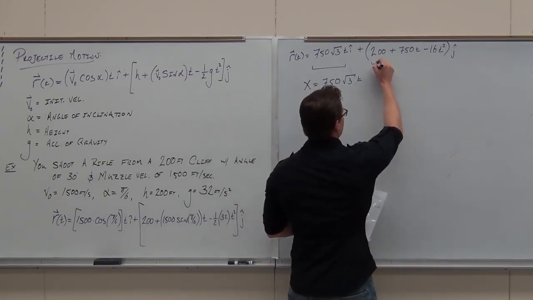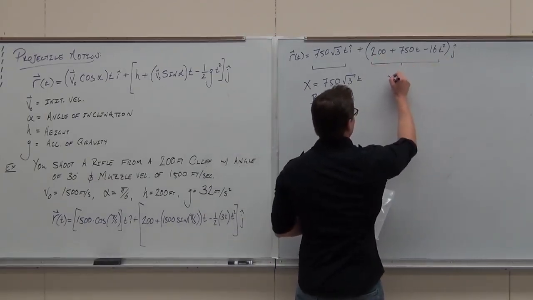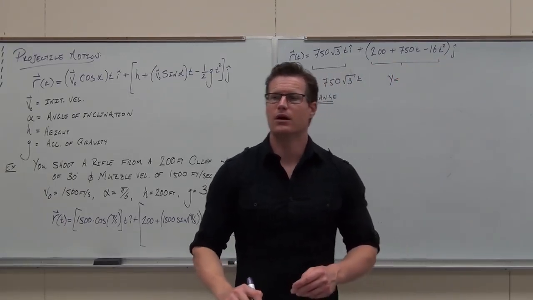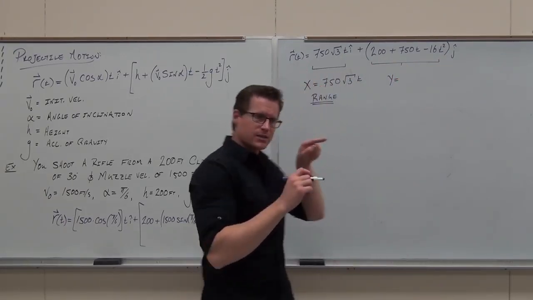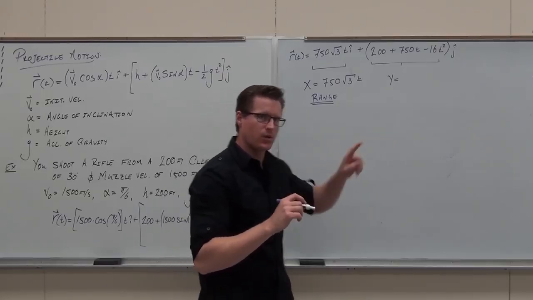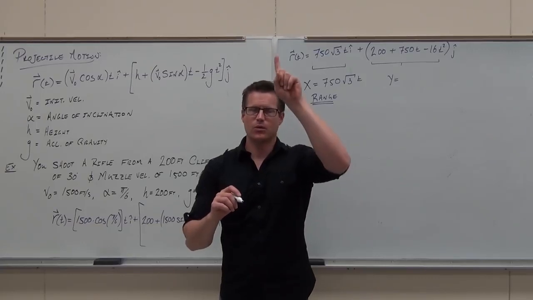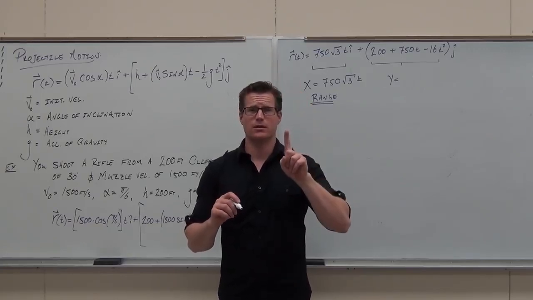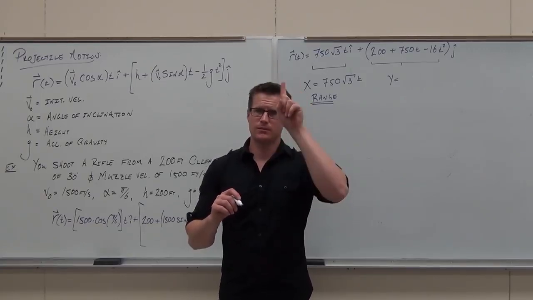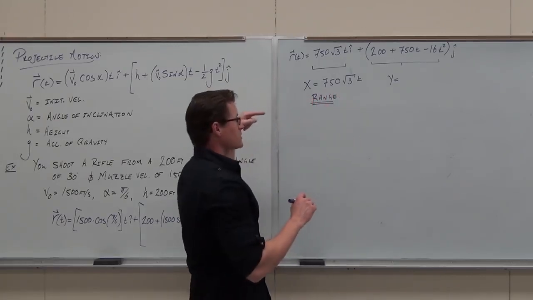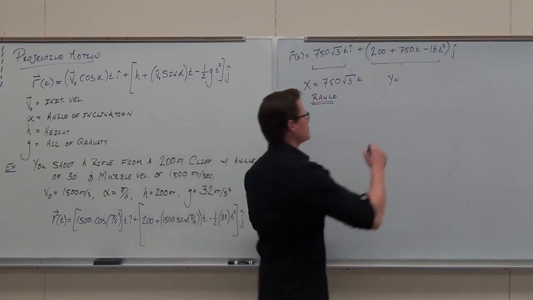The j is traveling along the y component. X is going this way, that's our i component. J's going this way, that's our y component. What's that y component giving you then? Height. That's it. X is your range, y is your height.